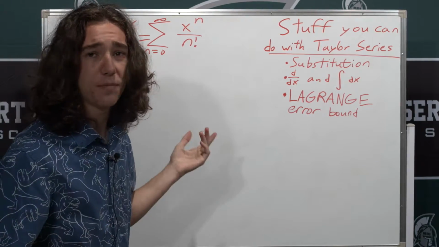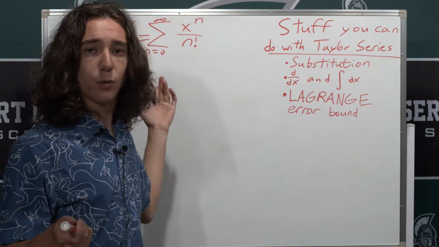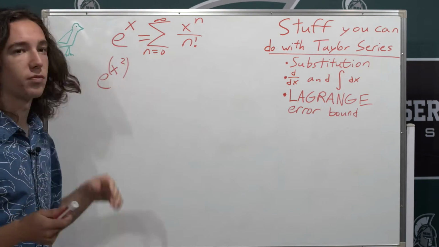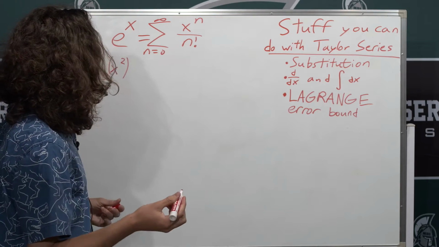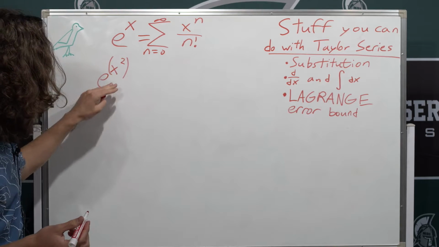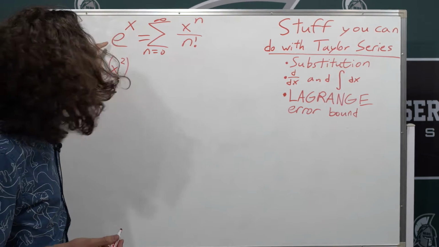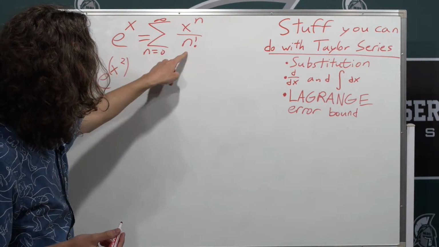Or e to any function of x? What if we had something weird with x up there that we're raising e to? Well, it's in parentheses. It's still e to something. And we know what e to something is. E to something is something to the n over n factorial.